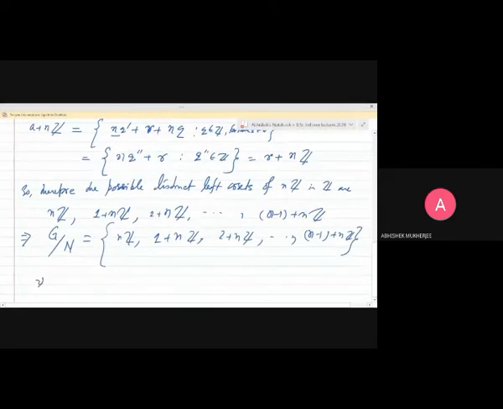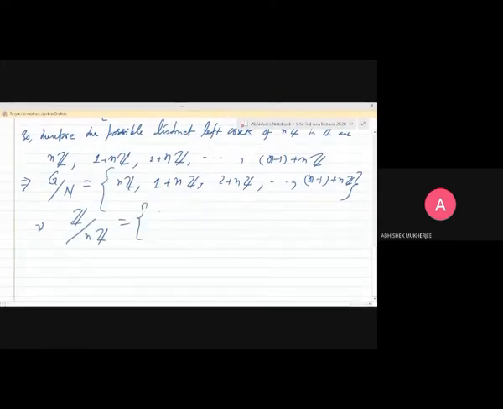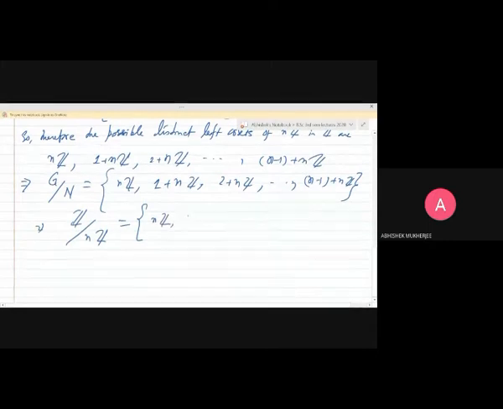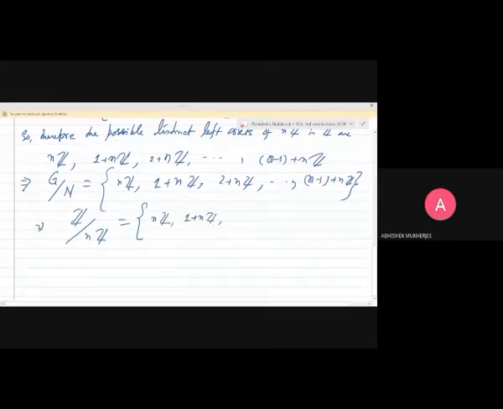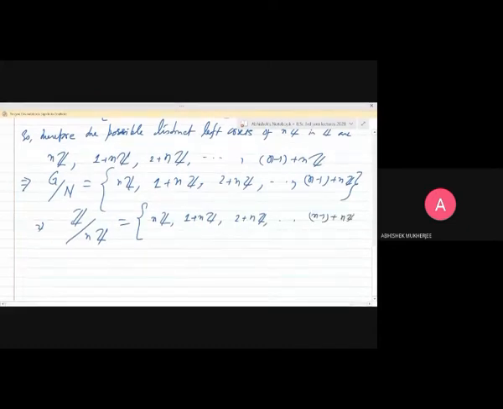So Z by nZ consists of the left cosets of this form. If you consider right cosets, then you will have the corresponding right cosets. Okay, fine.